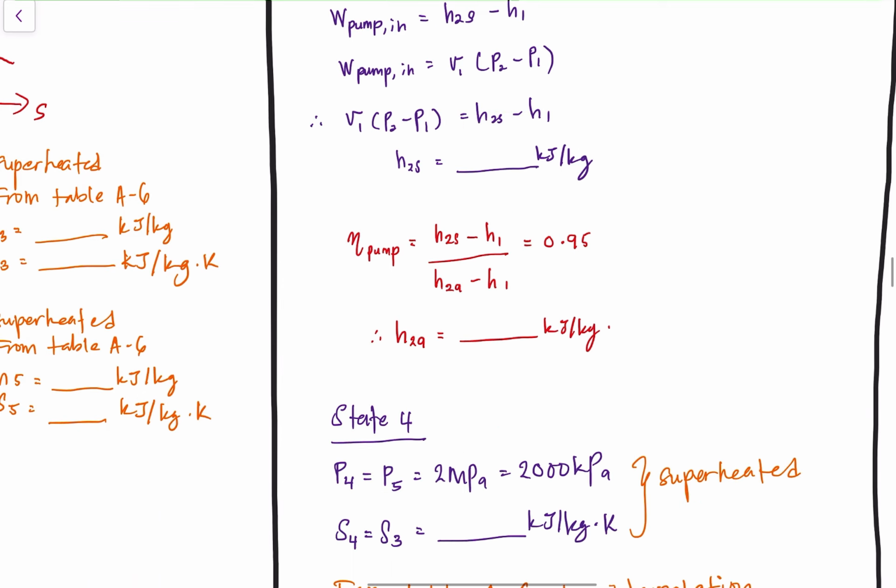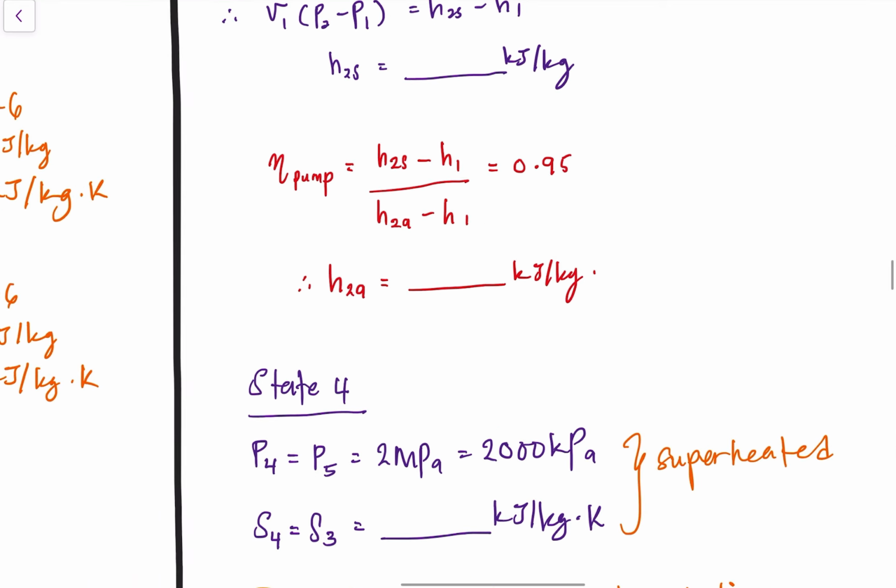And given in the question is the isentropic efficiency for the pump, which is 0.95. Thus, you can determine the enthalpy for the actual process at state 2 by using the isentropic efficiency formula.